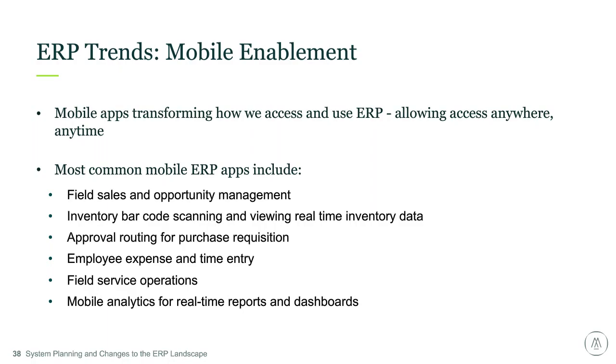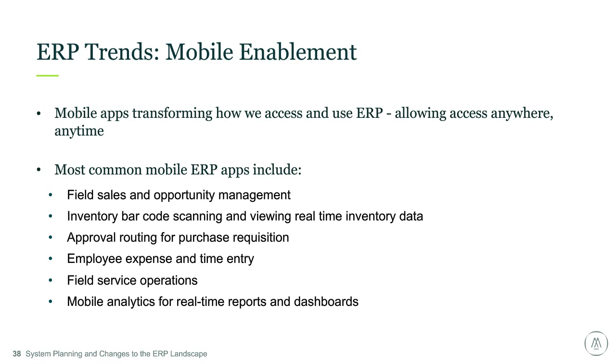Mobile enablement. Let's start with this trend. Mobile apps are everywhere, and naturally, ERP vendors are ensuring more user engagement by providing ERP apps on mobile devices, especially for those areas that require real-time access of data. The most common areas where we've seen mobile apps being deployed by ERP systems include field service for sales and tracking opportunities.